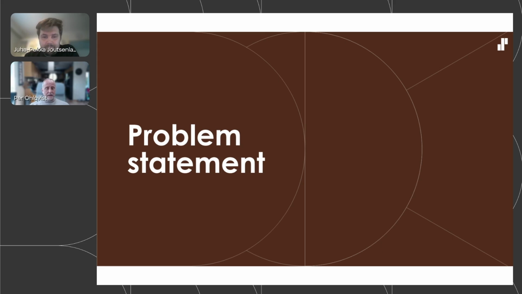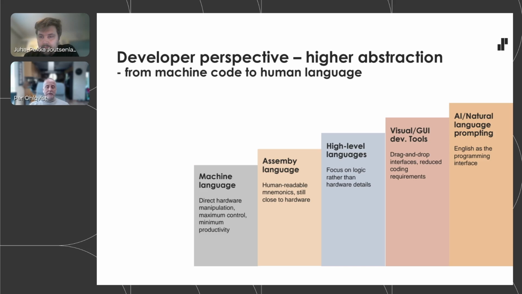Yes, and I would like to take us back in time to reflect on two evolutions or trends here. The first one is from the developer perspective and is about higher abstraction. Back in the days, some of us started our careers writing low-level machine code. We were managing memory pointers and stack operations and even simulating Turing machines.